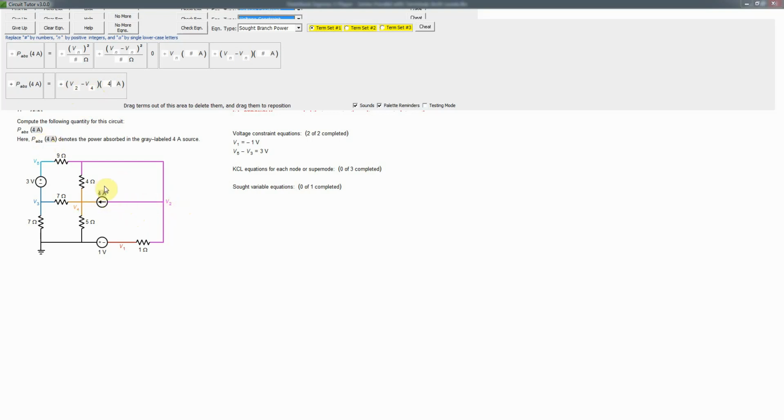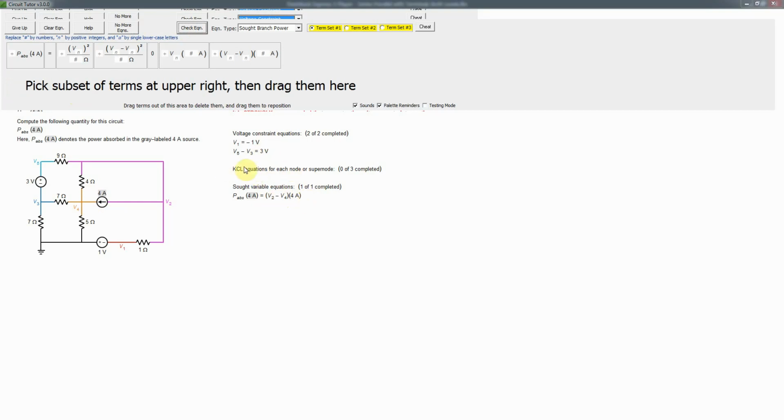So for absorbed power, you want to use passive sign convention, then you'll have a plus sign here. If I wanted to make this V4 minus V2, I would have to put a minus sign here, or I suppose I could put it in the current, but it's got to be there somewhere, or I could put it over here also, but there's got to be a minus sign in there. Okay, so that's correct.